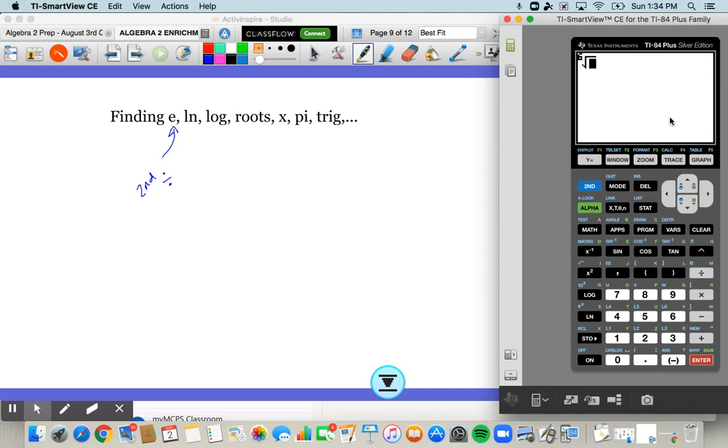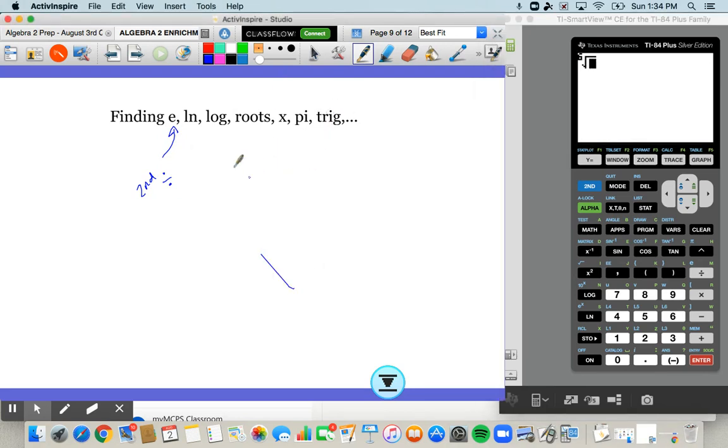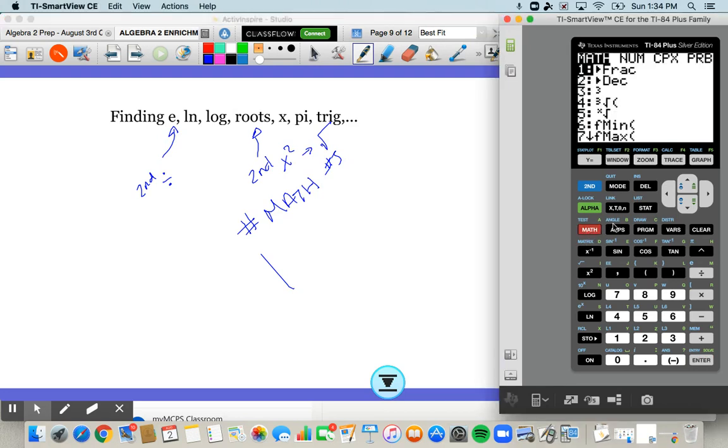I'm trying to write with the back of the pen. That's why it wasn't working there for a moment. Right, so if you're going to find a root, you can do second x squared to get the square root. If you want another root, you push the number and then math, and then number 5.